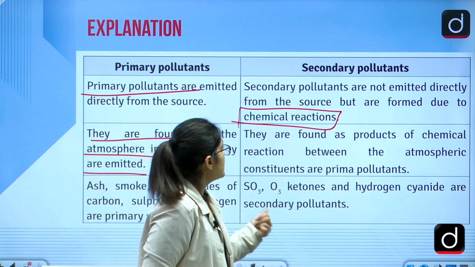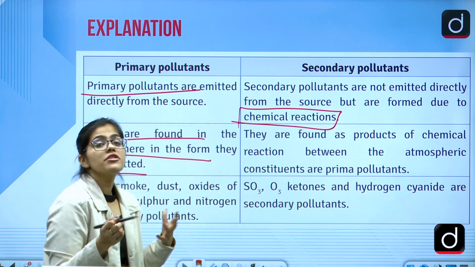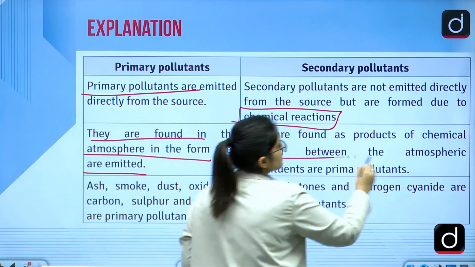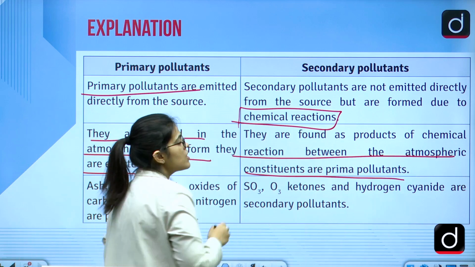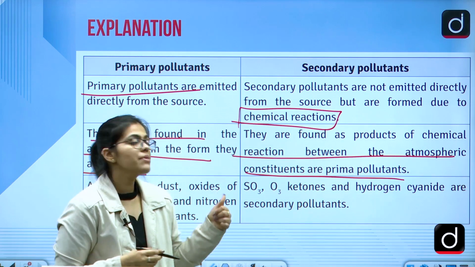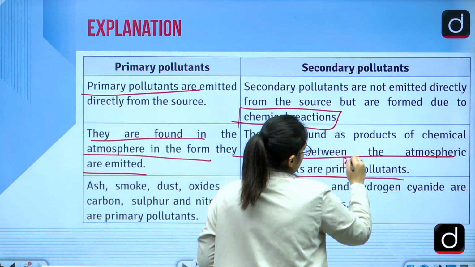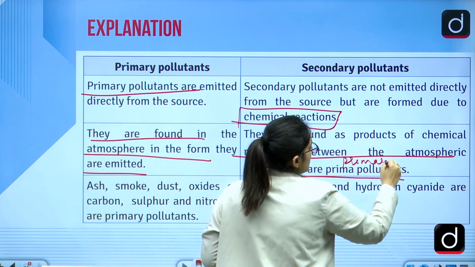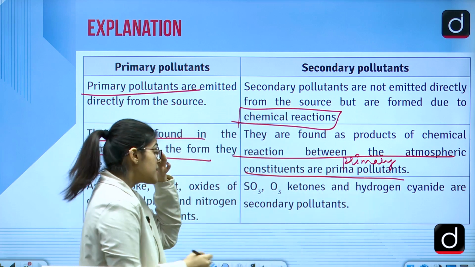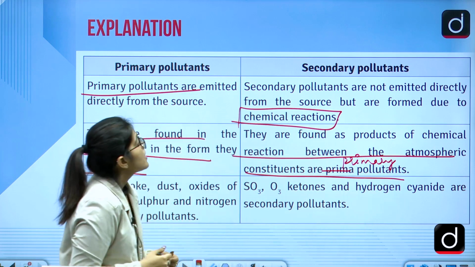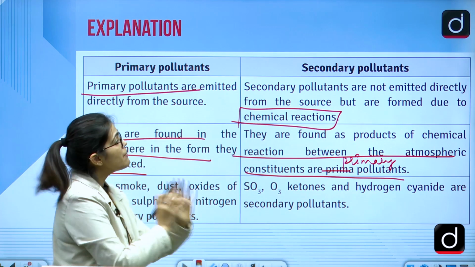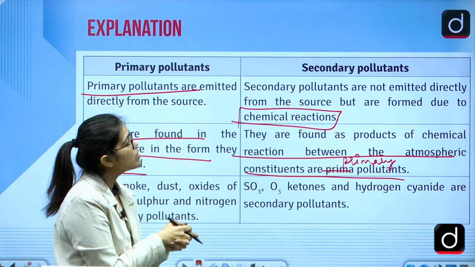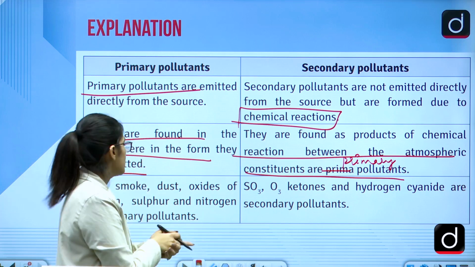But all of these secondary pollutants are the products of chemical reactions between the atmospheric constituents and the primary pollutants. Right? So secondary pollutants are not emitted directly from the source but are formed by these chemical reactions.